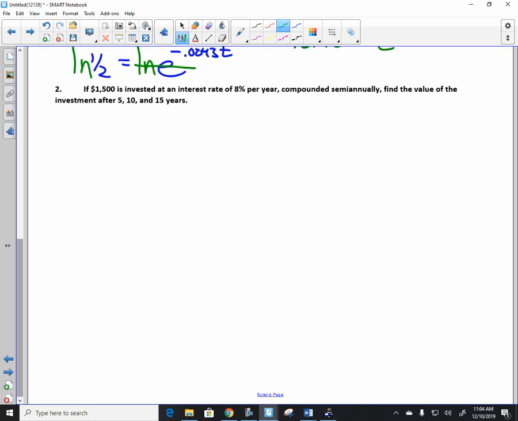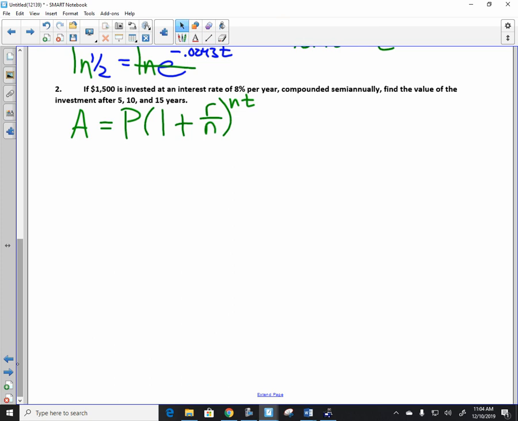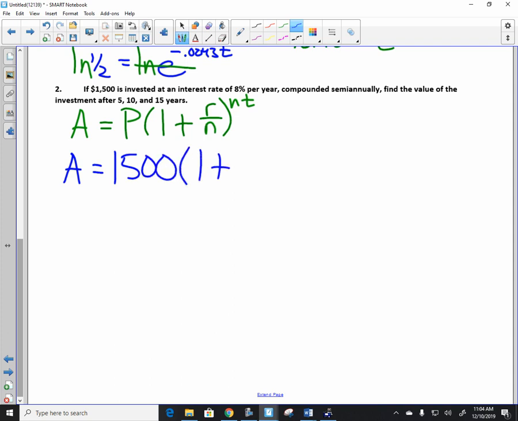Oh, very good. Our formula is the amount is equal to the principal times (1 plus the rate divided by the number of times in which it was compounded) raised to the nt power. I'm going to explain what each of these variables mean. Please focus in and know what I'm talking about. The amount we do not know yet. We're going to compute that. But the principal, P, is the initial investment. What's our initial investment? 1,500 times 1 plus the rate.